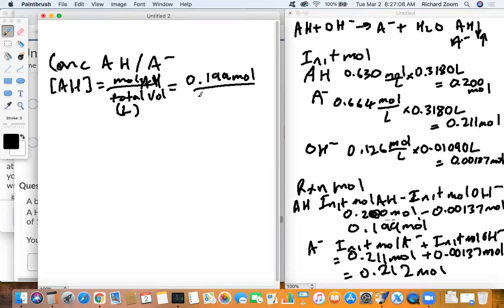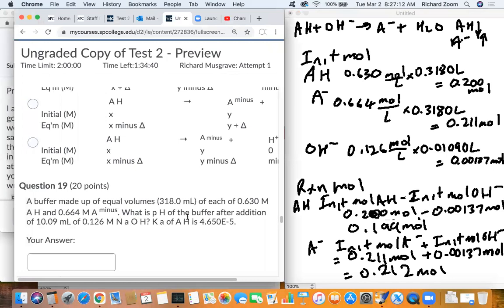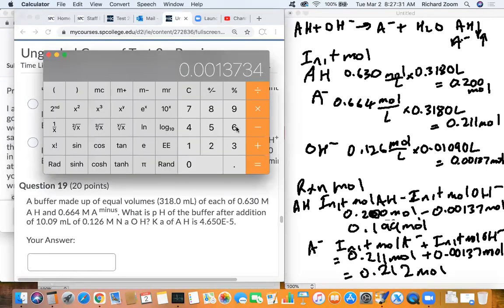Now, total volume is going to be, let's have a look, 318 times 2, which is 636, plus the 10.09, which would be, let's see, 636 point. Now I know I'm going to have to account for significant figures here as well.